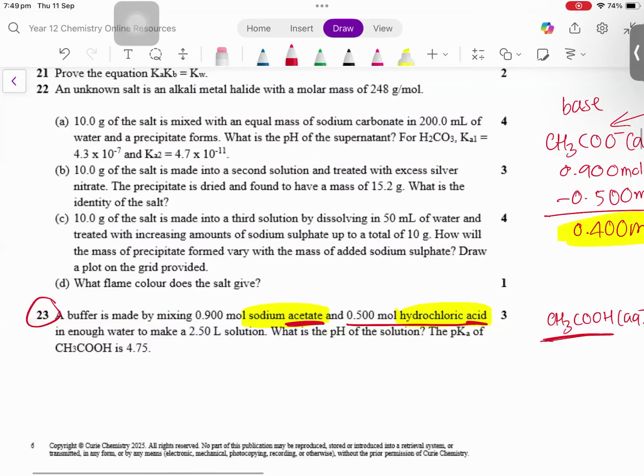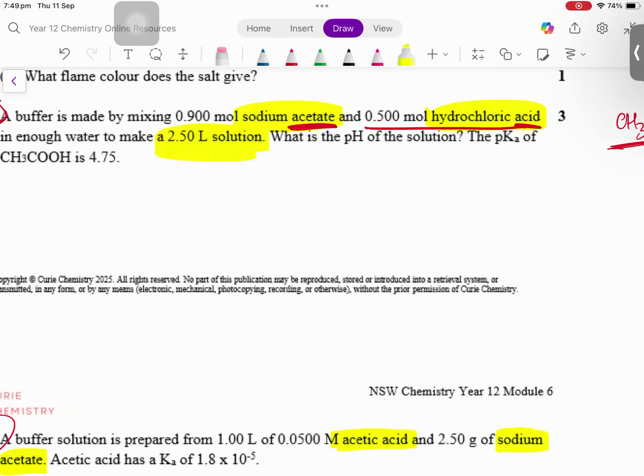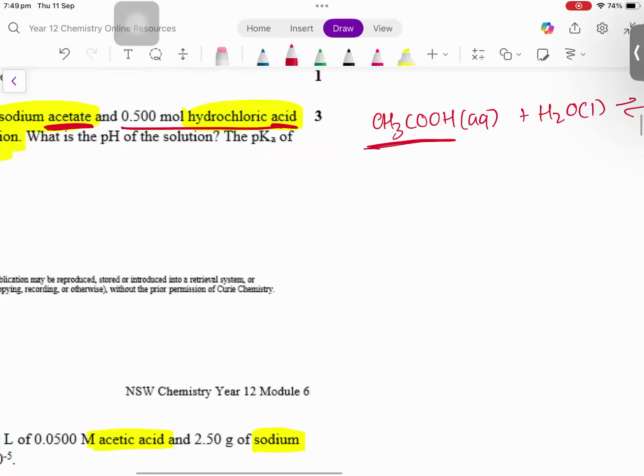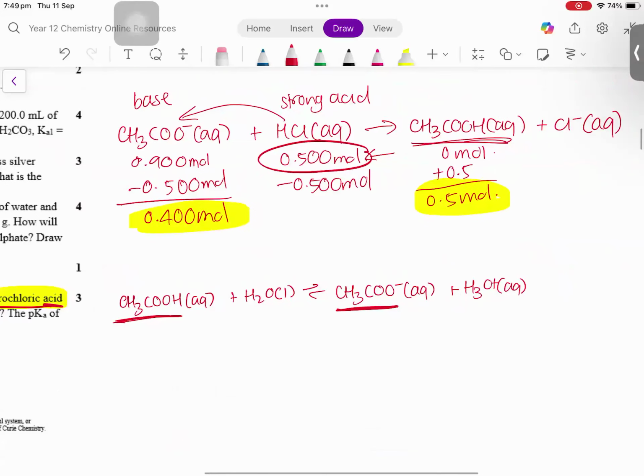The ice table takes concentration, so I'm just going to turn it into a concentration. It's 2.5 liters for the whole thing. So your concentration of CH3COO minus is n on V, 0.4 divided by 2.5 liters. For the acetate, you will get 0.16.